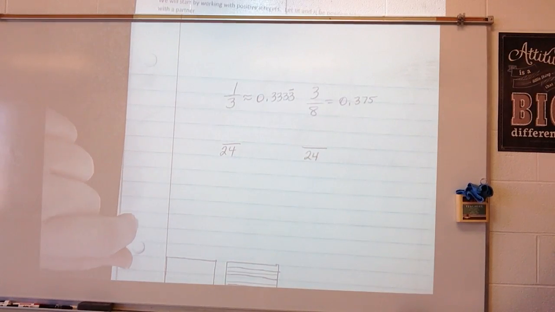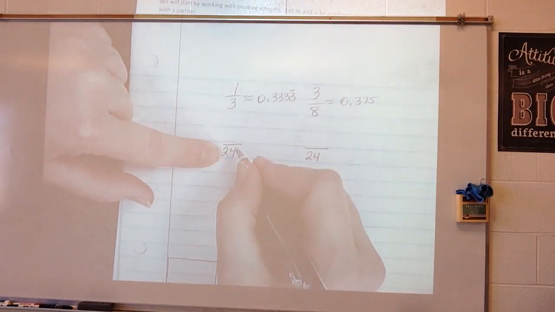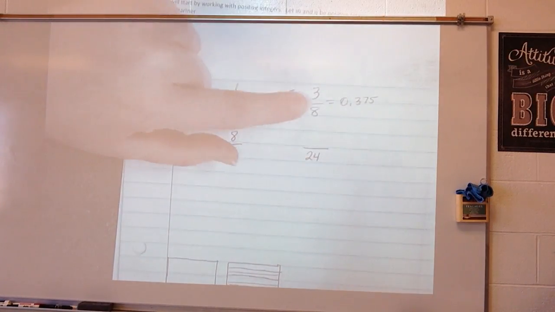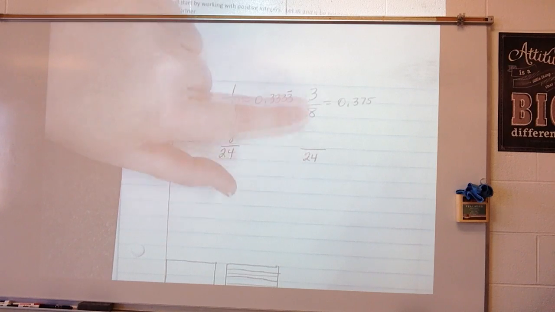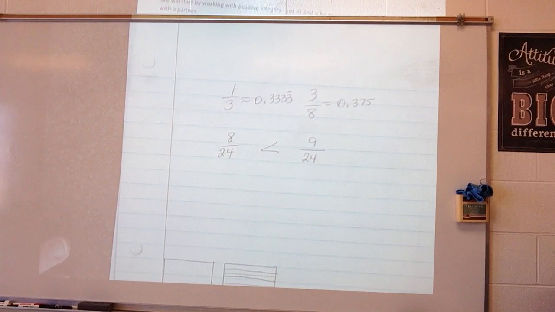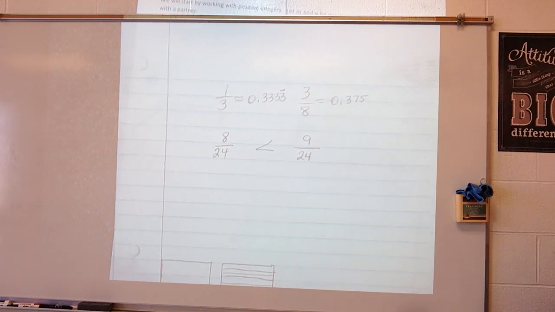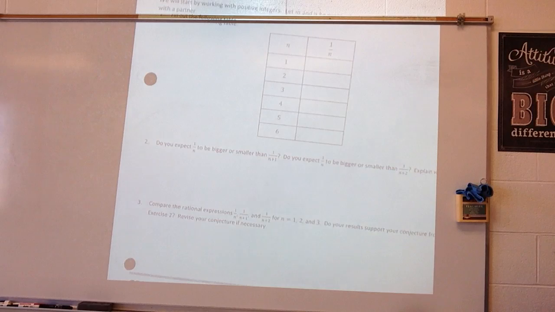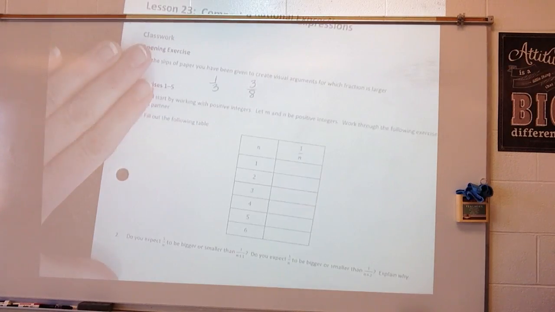In this case, 24 would be a common denominator. 3 goes into 24 8 times, so 8 times 1 is 8. 8 goes into 24 3 times. 3 times 3 is 9. Once again, I can see that 3/8 is just that little tiny bit bigger. All right, so 3 different ways that I can figure out which one is bigger.